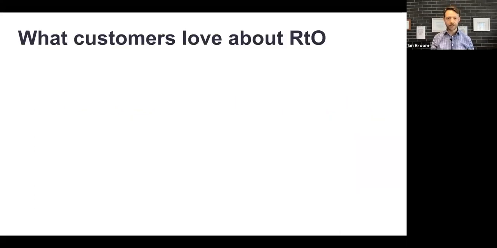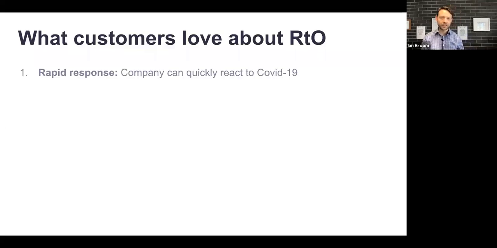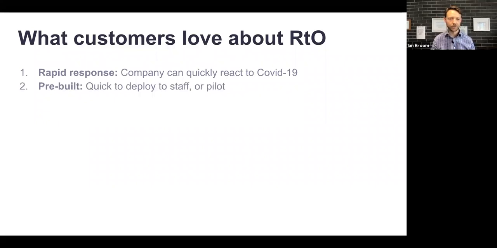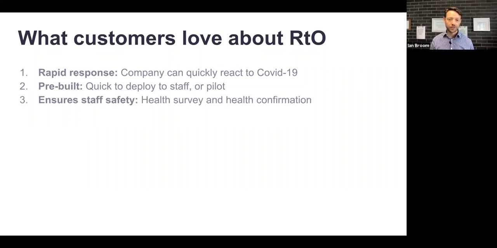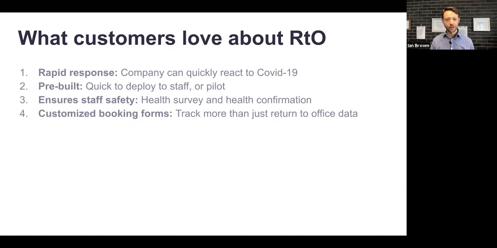So what do customers love about the Return to Office app? They love that it's a rapid response solution, so customers can quickly react to COVID-19 as guidelines evolve. It's pre-built, which means it's very quick to deploy to staff or pilot internally. It ensures staff safety by incorporating health surveys and health confirmation.